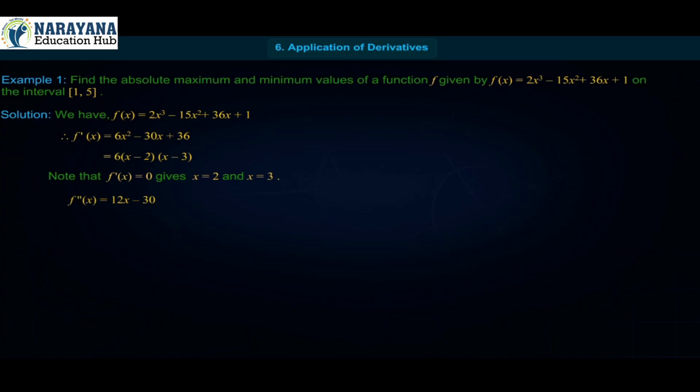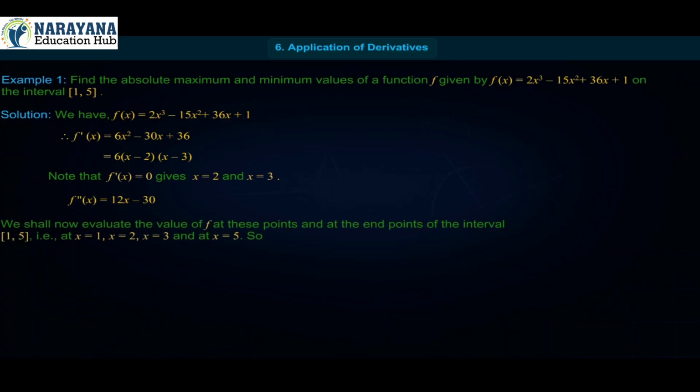f double dash of x is equal to 12x minus 30. We shall now evaluate the value of f at these points and at the endpoints of the closed interval 1, 5. That is, at x is equal to 1, x is equal to 2, x is equal to 3 and at x is equal to 5.